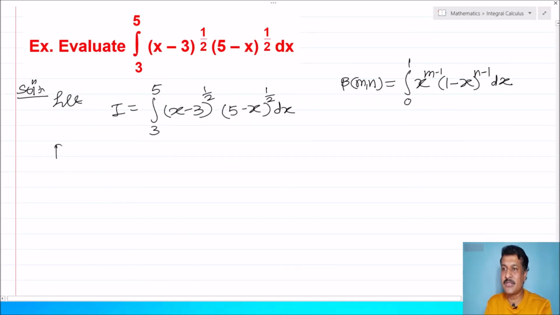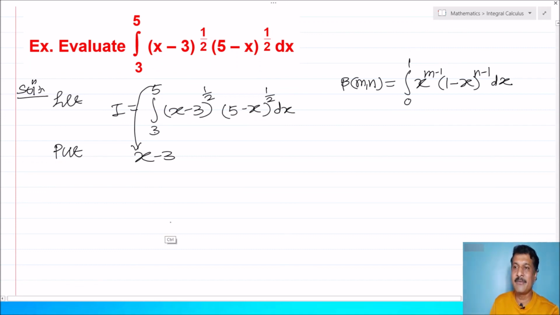So substitution is what here? I want single variable here, and that is why x minus 3. But when we substitute here x equal to 3, I will get 0. But when x equal to 5, so 5 minus 3, I will get 2. But I want 1 here, and that is why I divide by 2 equal to t.